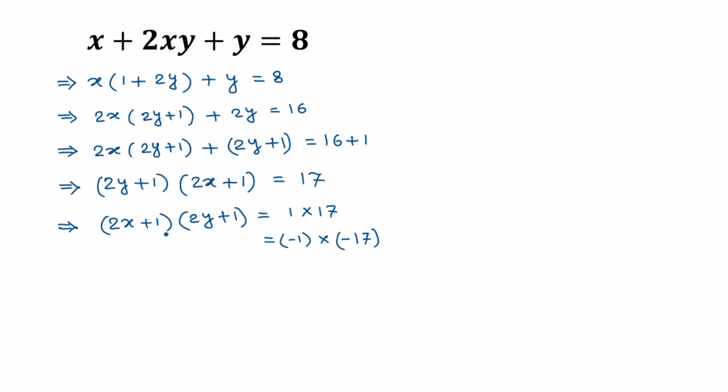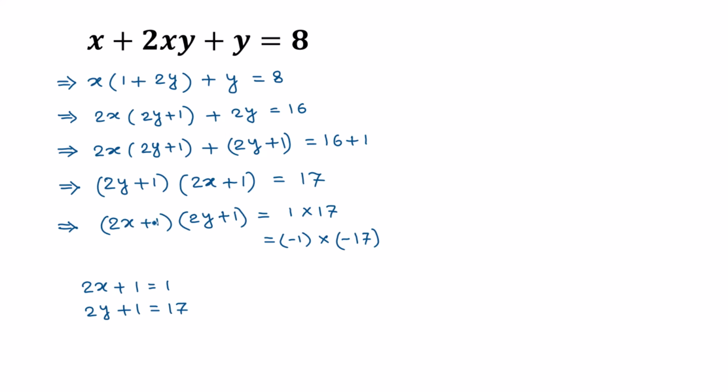Now, as we have to find the integer solution, comparing both sides, for the first case, 2x + 1 is equal to 1 and 2y + 1 is equal to 17.